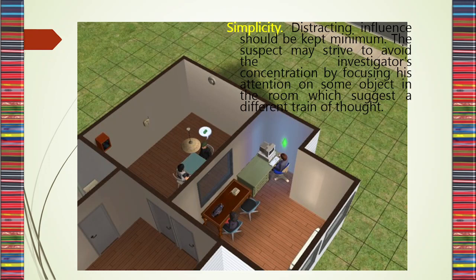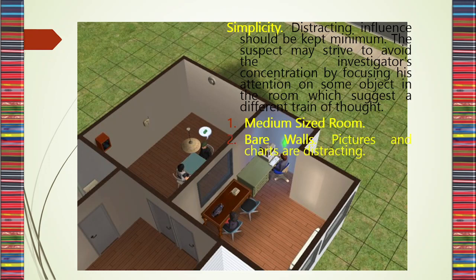The suspect may strive to avoid the investigator's concentration by focusing his attention on some object in the room, which suggests a different train of thought. So the more that the subject is distracted, it also has a negative effect on the interrogator.